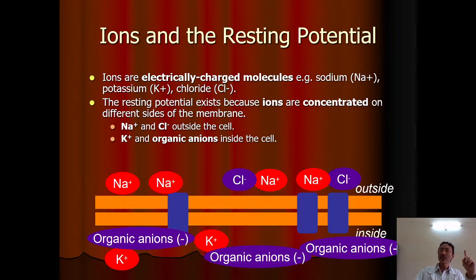This potential at which the membrane becomes impermeable to further diffusion of sodium ions is called the Nernst potential for sodium ions.